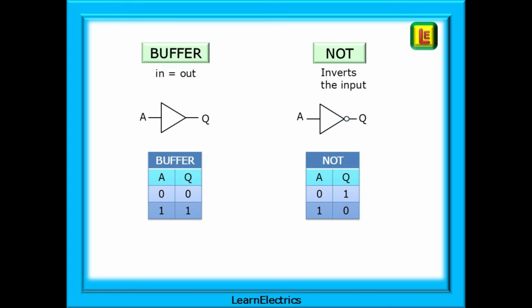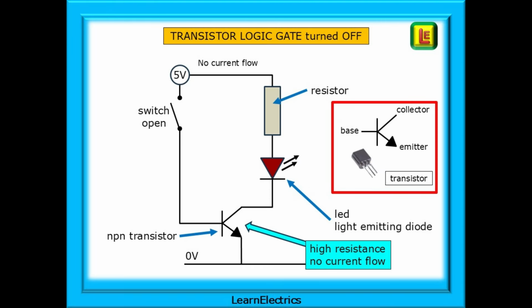Let's now look at a transistor logic gate, the simple buffer gate, starting with the input signal in an off state, so a 0 signal. We should expect the output, a light emitting diode in this case, to be off too. We are using an NPN transistor, and I've shown the 3 wires of the transistor in the red box.